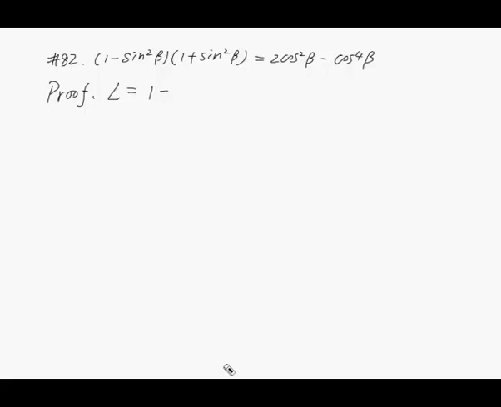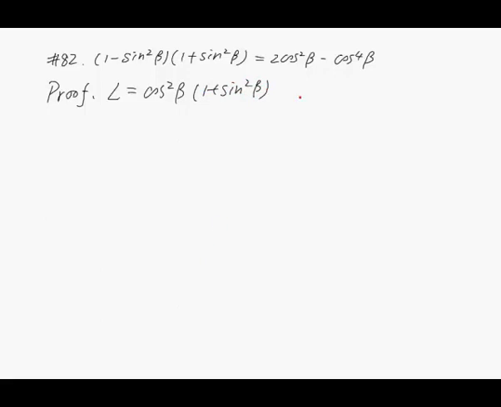So this part, let's begin with the fundamental identity. Then for this part, we get the cosine square of beta times 1 plus the sine square of beta.